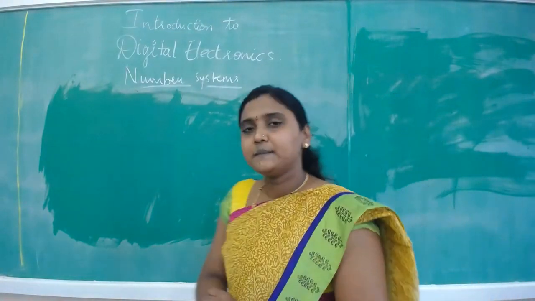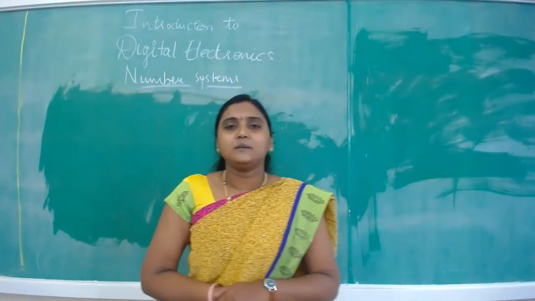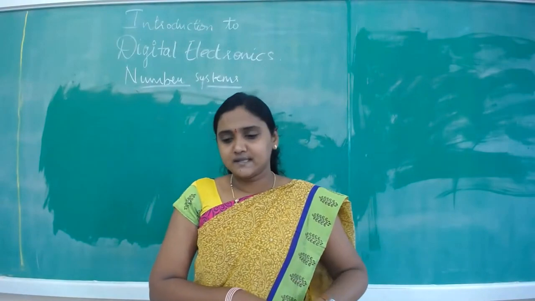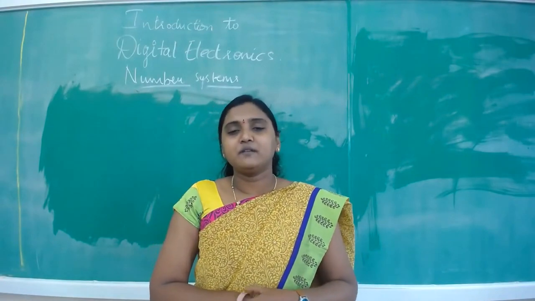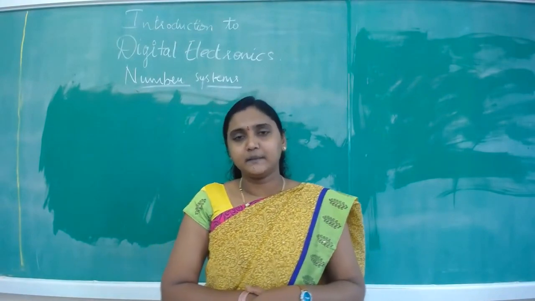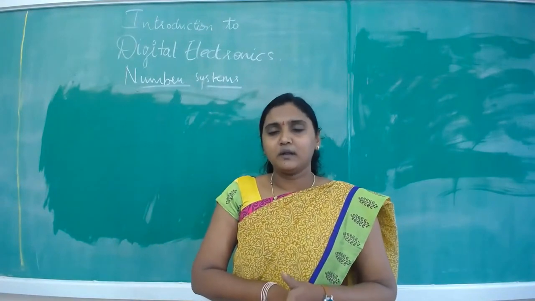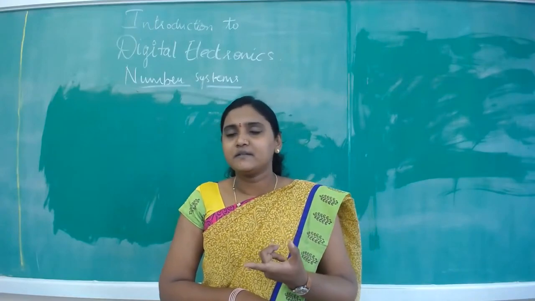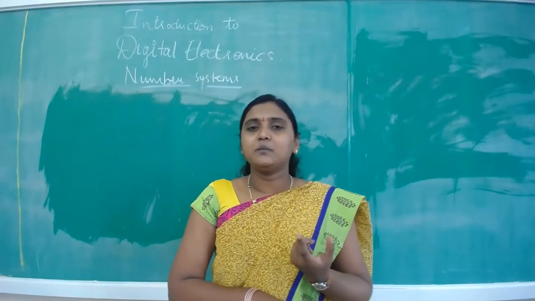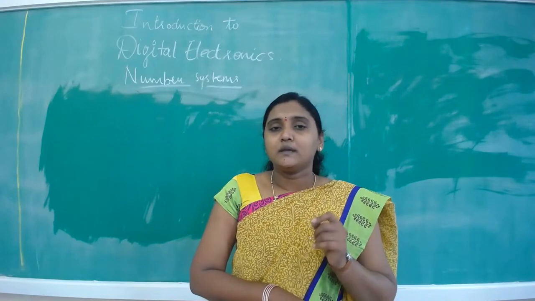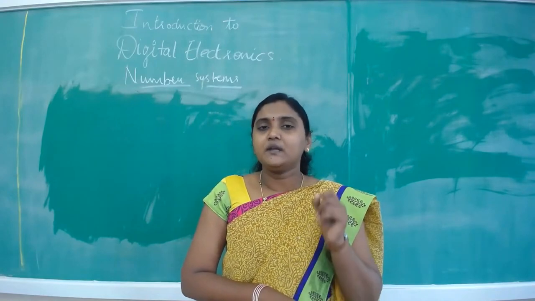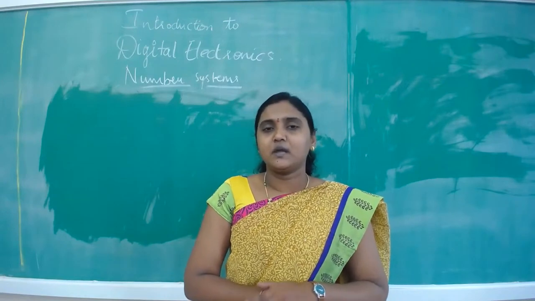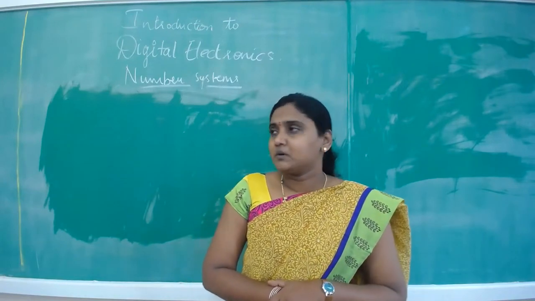About the octal number system, I have told you that the octal number system will be having how many? 8 symbols. The 8 symbols are 0 to 7. So from 0 to 7, we can form any octal number. That means with the combination of 1, 4, 7, you cannot exceed 7. You cannot write an octal number using 8 and 9. So you cannot write 824. Here 8 becomes an invalid octal digit, otherwise it is an invalid octal number.